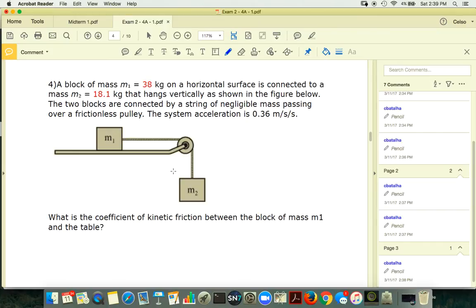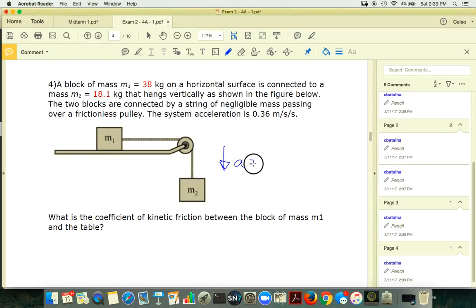So you have two blocks, mass M1, mass M2, hanging vertically, and you have acceleration. So the magnitude of acceleration is given in this problem.